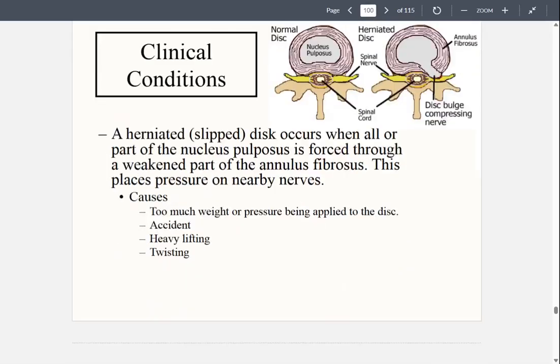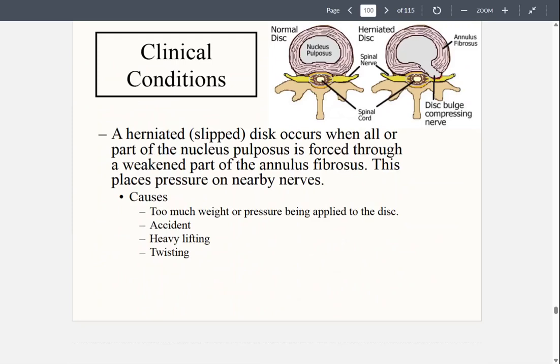Disc herniations. A disc herniation is when the inner jelly of an intervertebral disc has squeezed through the outer tough connection or covering and is now protruding, bulging into a space where it's not supposed to be.